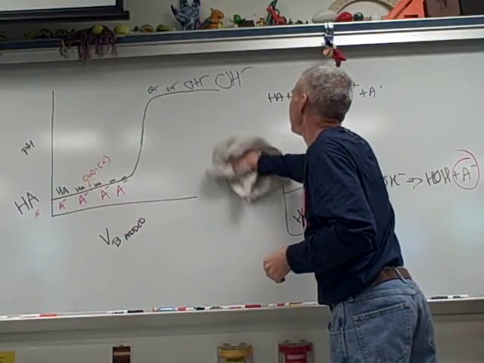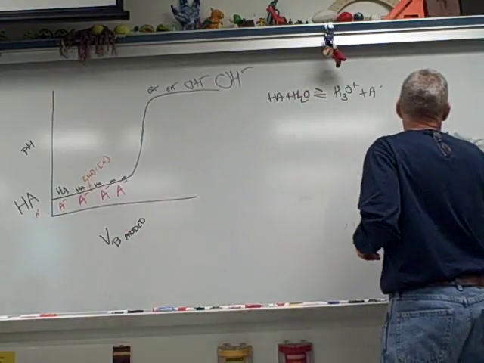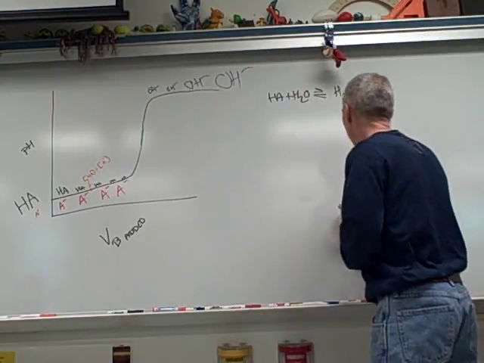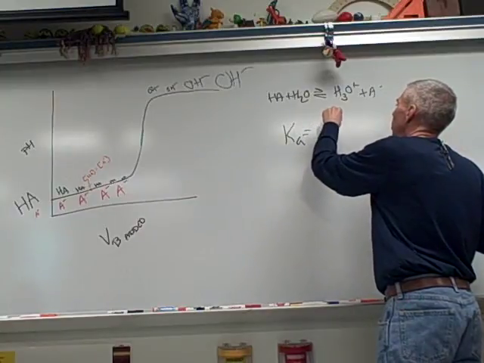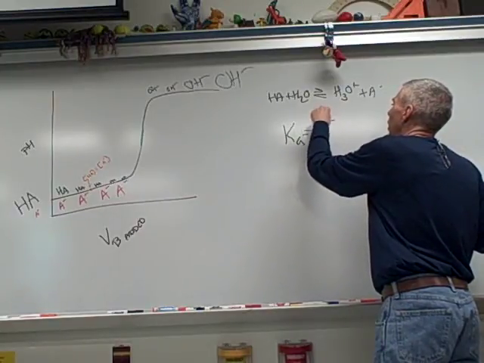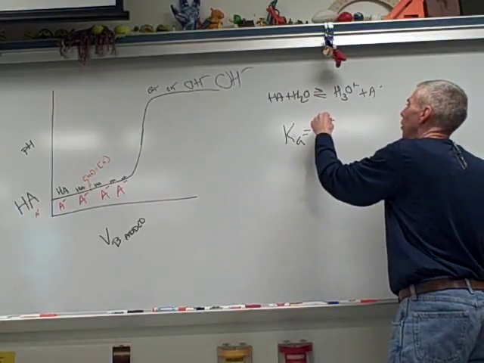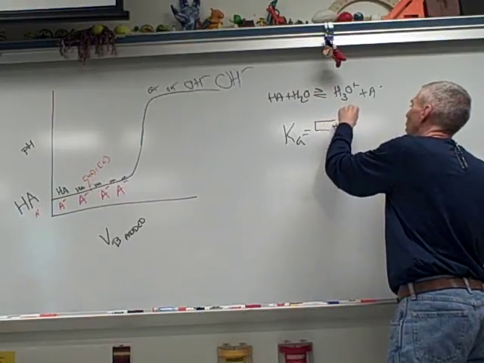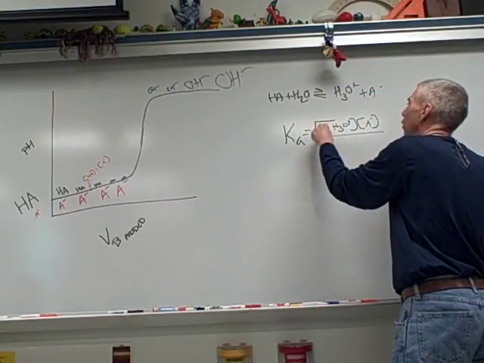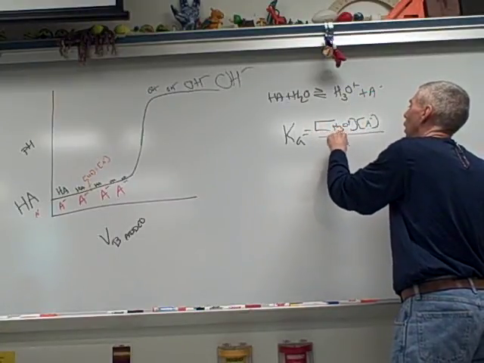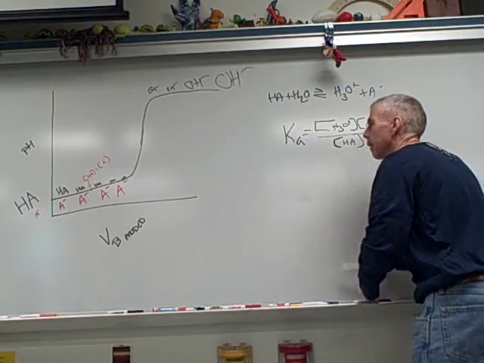Here's the deal. Why is that particular point important? Because it's a Ka. Because that's where we can easily determine the following. If we write the K for this expression, what is it equal to? Concentration of hydronium and A base, minus, over the acid, HA. Now, look closely.